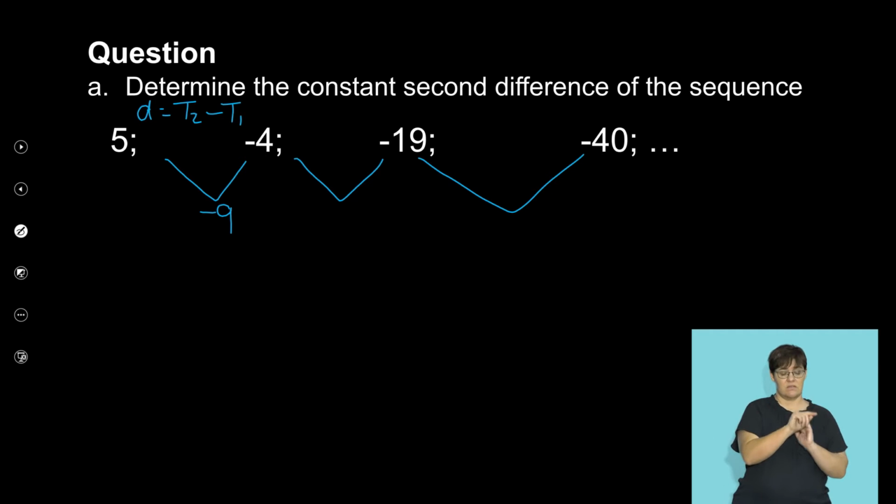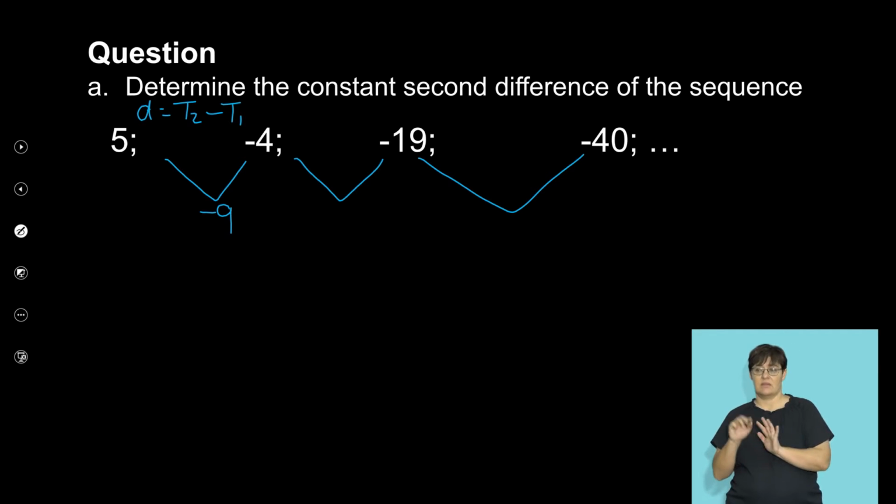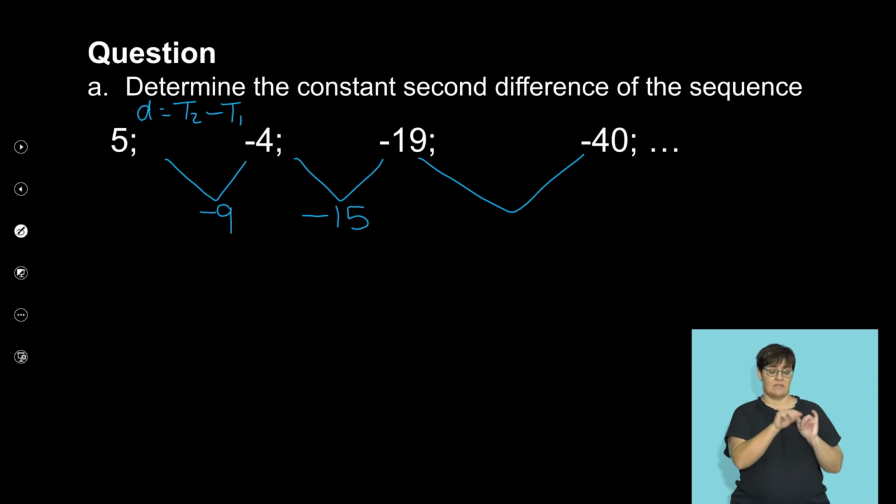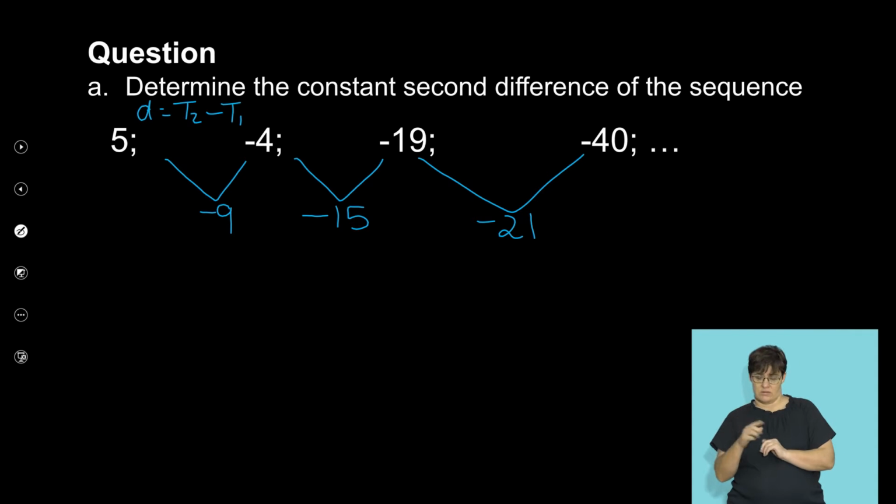Then moving on to the difference between -4 and -19, if you substitute into your D formula, you will get that there's a difference of -15. Moving on, if I want to see what the difference is between -19 and -40, I can see that there is a difference of 21 because negative 19 minus 21 is equal to negative 40.